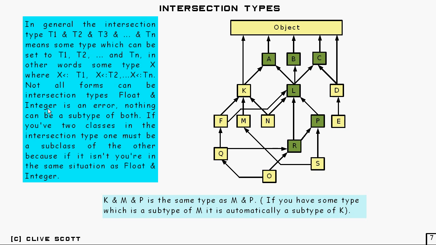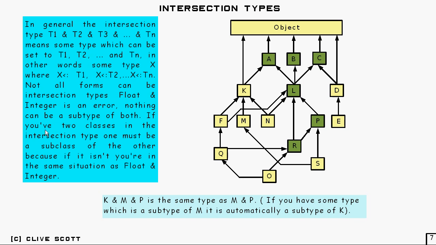That would take you up to int, and then widen, and that would take you up to float. But to go from float to its wrapped class, you'd have to go against the direction of the arrow. You remember the early diagram that I showed you earlier on, so you can't do it. Integer and float is therefore going to give you an error.